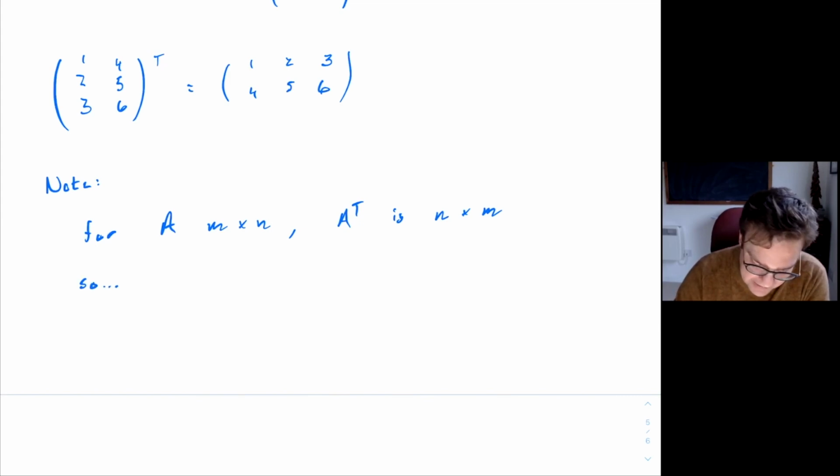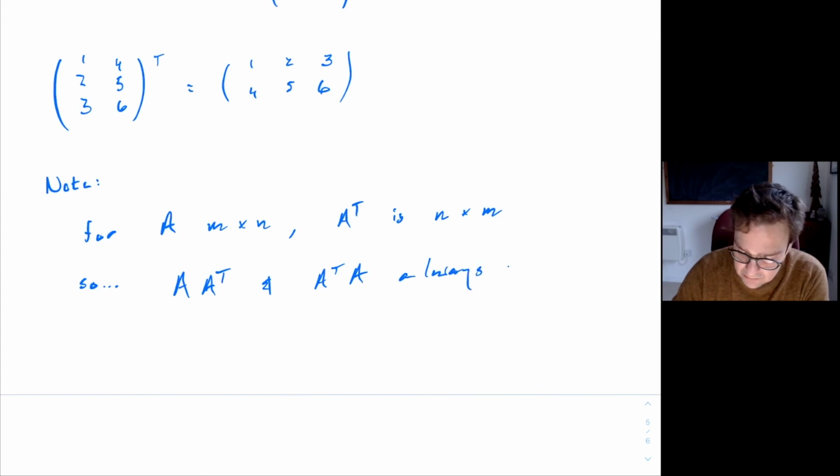So if A and A transpose are like this, notice the number of columns of A is the same as the number of rows of A transpose, and the number of columns of A transpose is the same as the number of rows of matrix A. Therefore, A times A transpose and A transpose times A always exist.